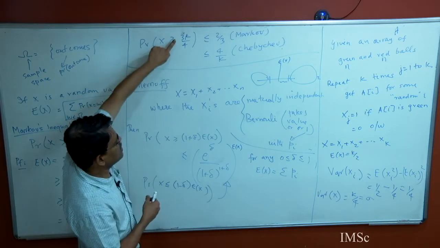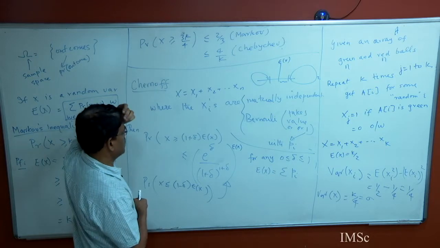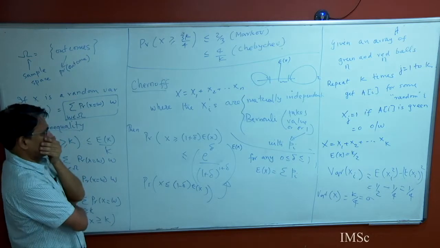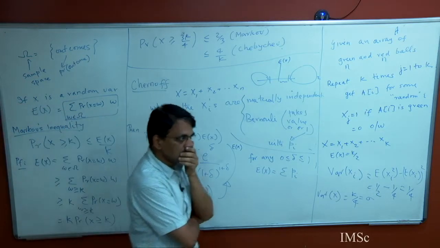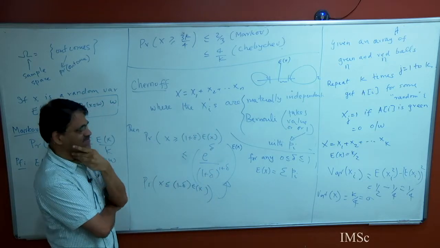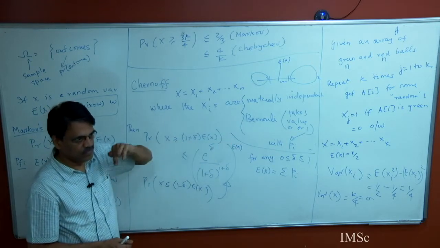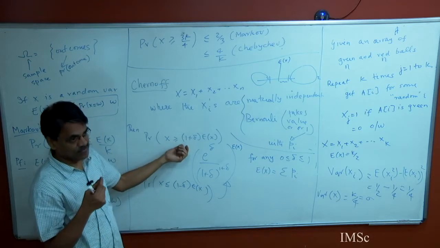So if I want 3k by 4, then what is delta? Expectation is k by 2, right? 1 plus delta is 3 by 2.